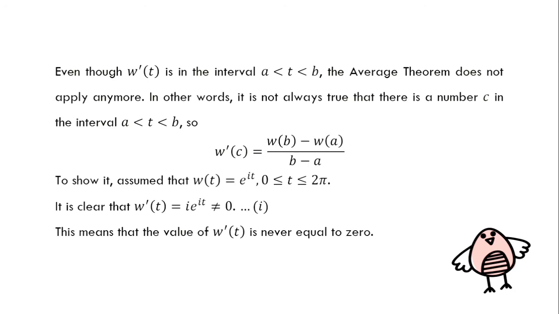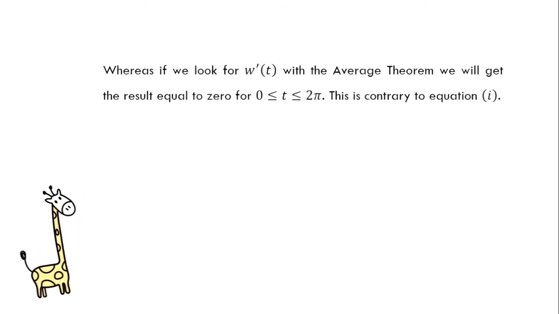This means that the value of w'(t) is never equal to 0. Whereas if we look for w'(t) with the mean value theorem, we will get the result equal to 0 for 0 less than or equal to t less than or equal to 2π. This is contrary to the equation.